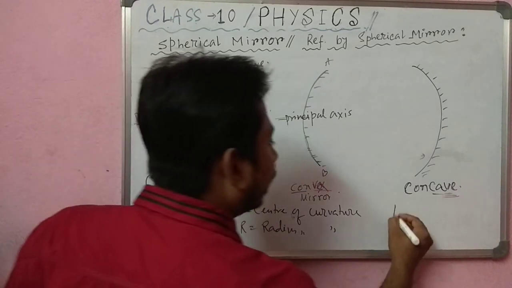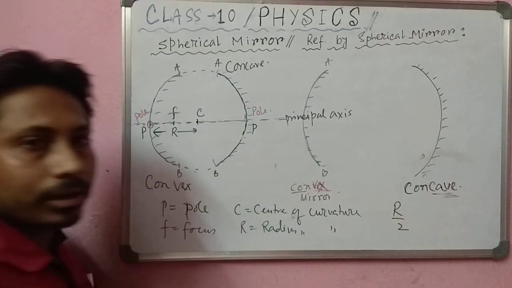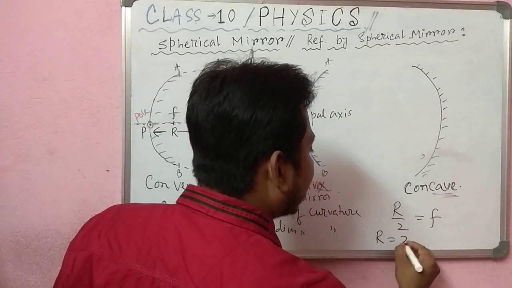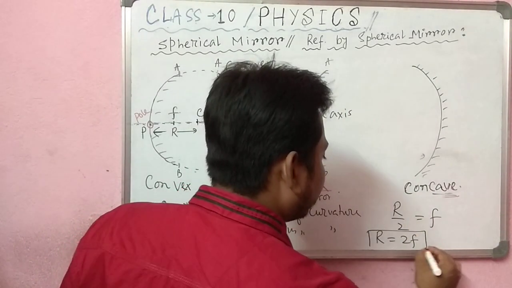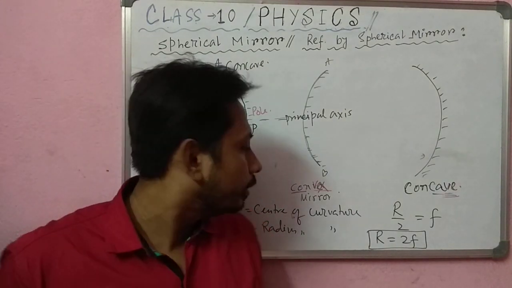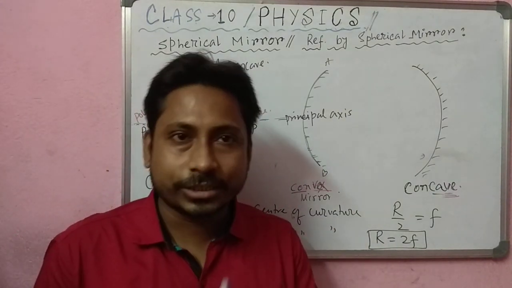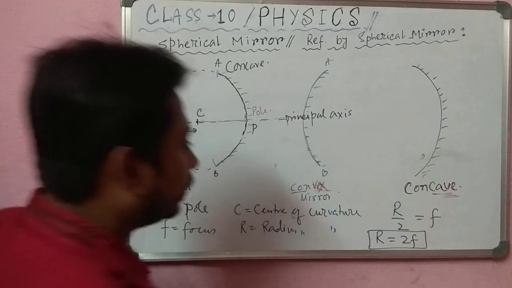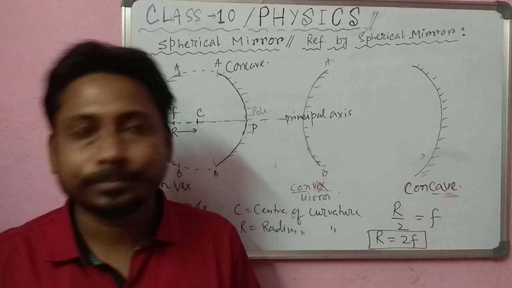So half of R means R by 2. R by 2 is the focus, or better you can write R equal to 2F. It means double the focus is the radius of curvature. Okay, fine, clear? Please write everything.